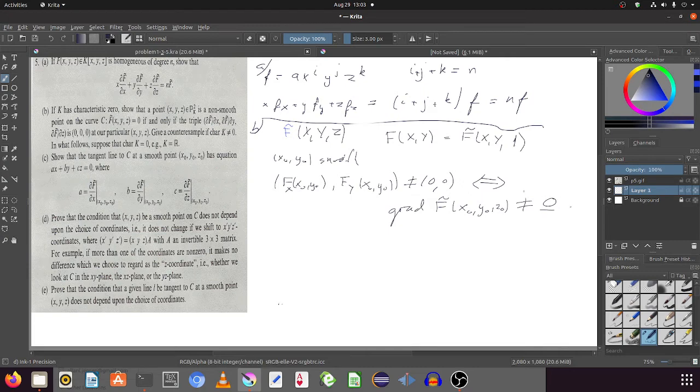Non-vanishing. Now, from left to right is trivial.